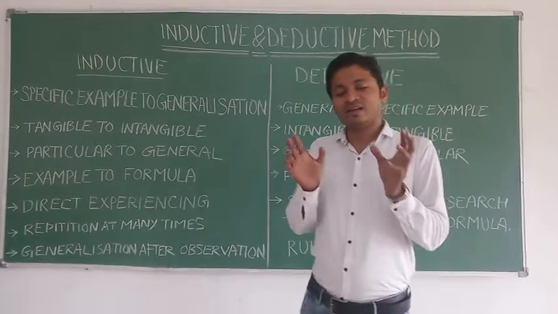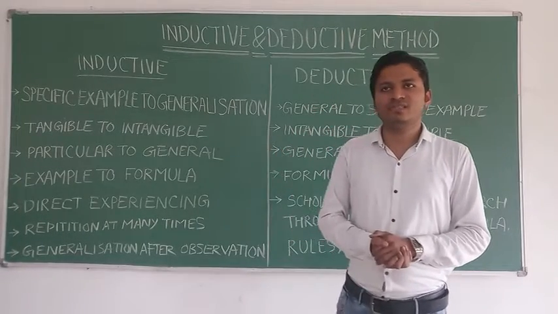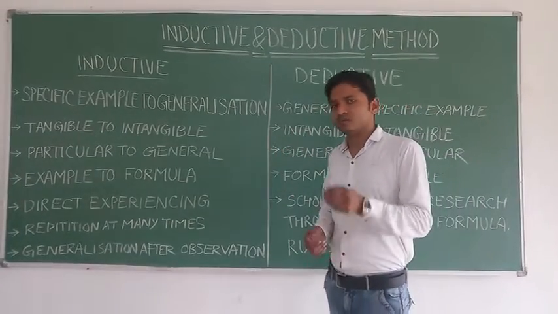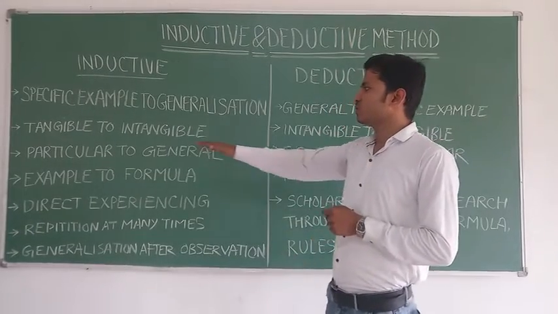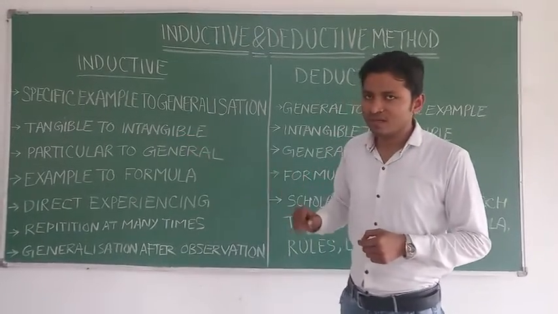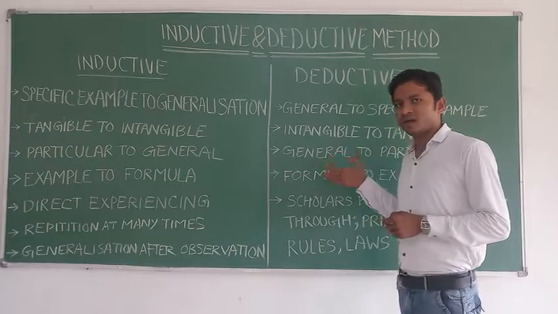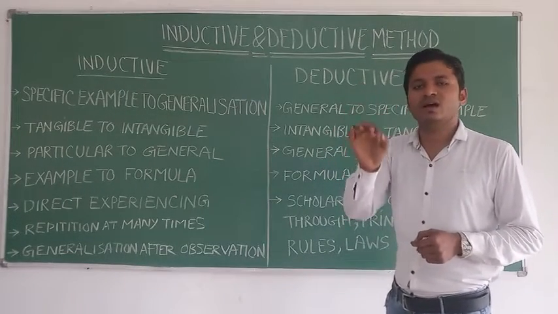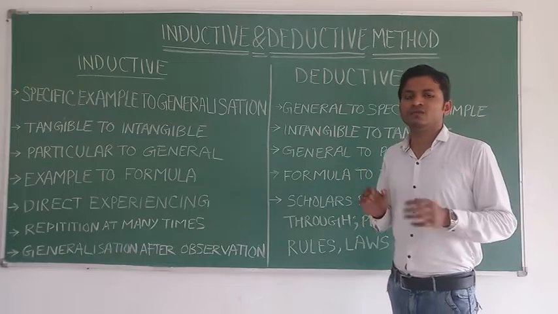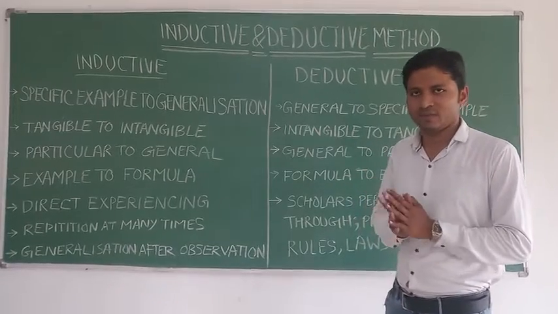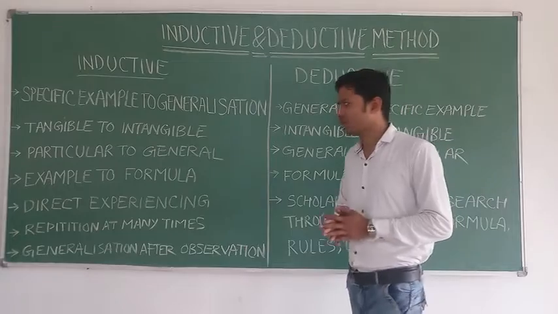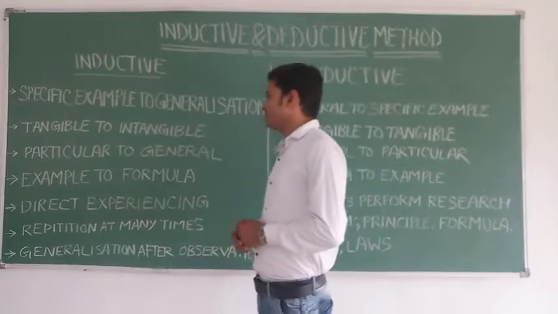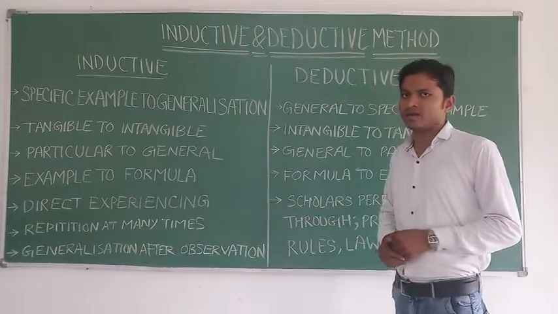Whichsoever is our topic for study and for research, we go through particular examples to a generalization about that particular social research unit or part of the society which we are studying. Okay, I think you are getting it. The next is example to formula.